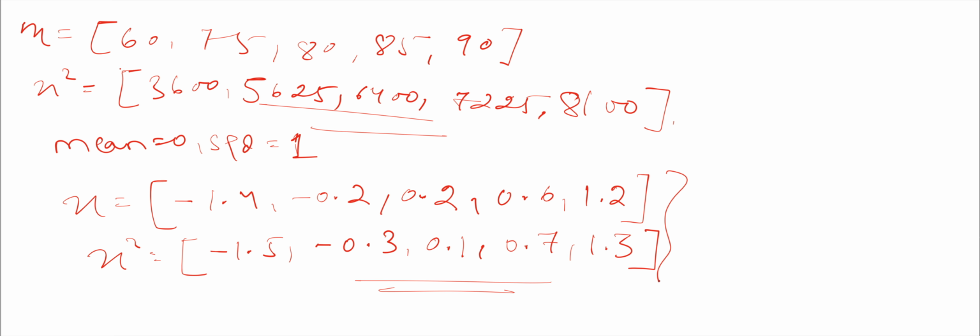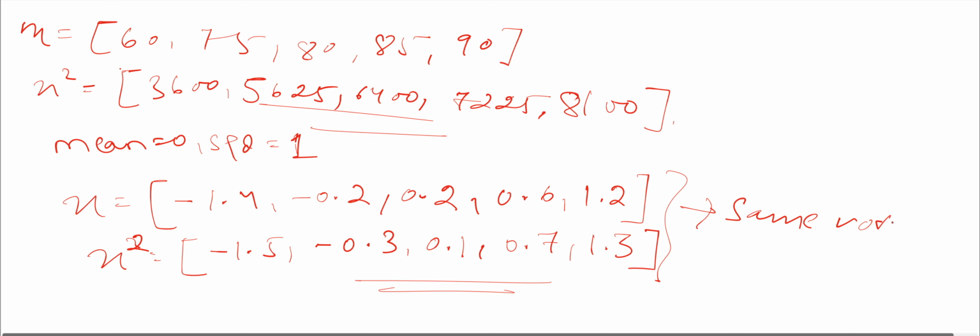Now, if we compare both x and x squared, we can see that they are pretty much the same, right? So they have pretty much the same voting or influence. This will help us stop gradient exploding, correct? Yes.